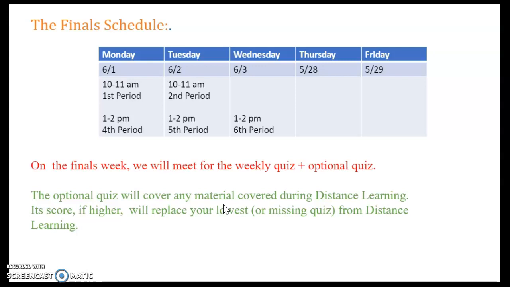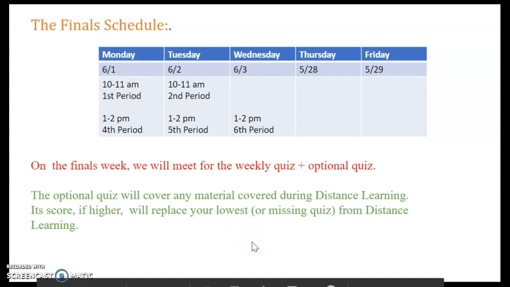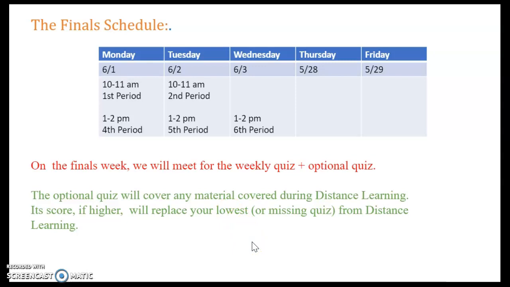I'll randomly pick one out of the 5 quizzes that we've already had, and its score, if higher, will replace your lowest or the missing quiz from the distance learning period. So it's an opportunity to raise your distance learning grade.